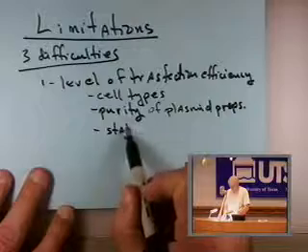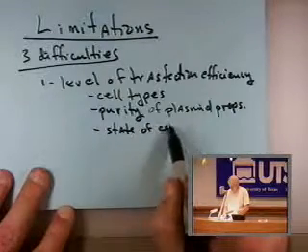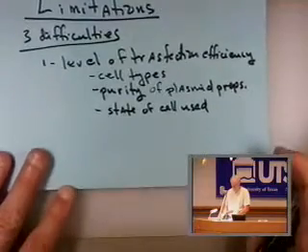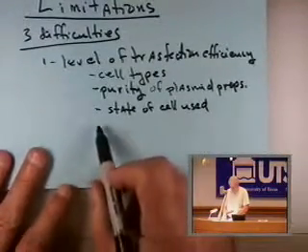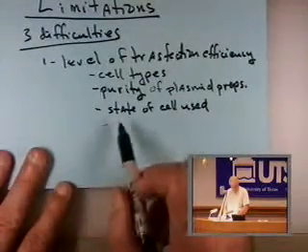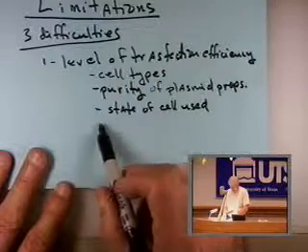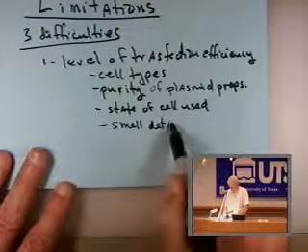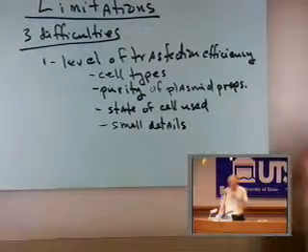The state of the cell used, the stage of the cell cycle or the phase of the cell cycle that they're in when you try to get the DNA in there, and a variety of other small details that we're not going to get into.